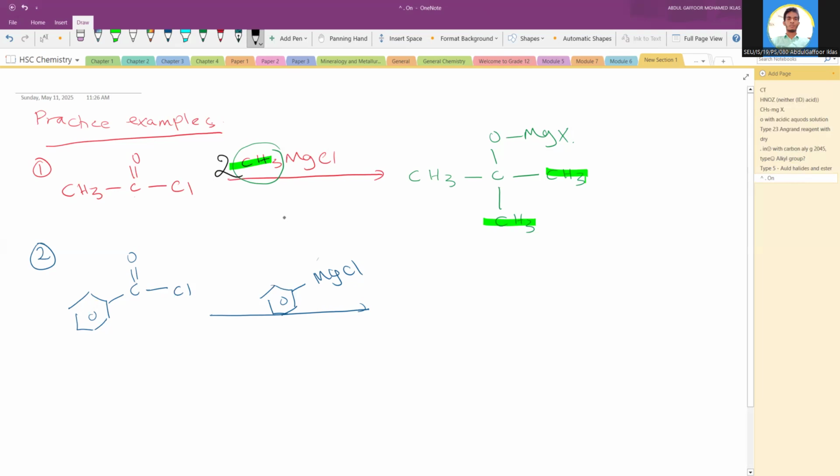First you remove this chlorine and then again, but you understand, right? So we will require 2 moles because we will have to add MgCl to this chlorine present in the acid halide, and then with oxygen also we need to combine 1 MgCl. So we require 2 moles of Grignard reagent to combine with 1 mole of acid halide.